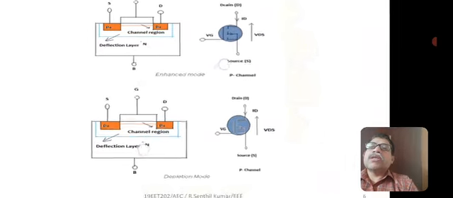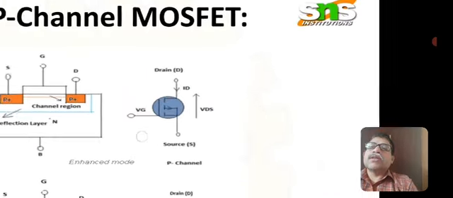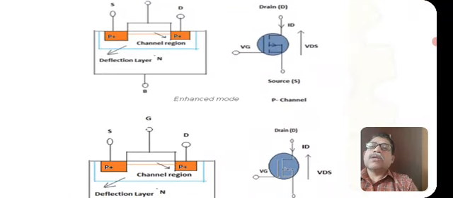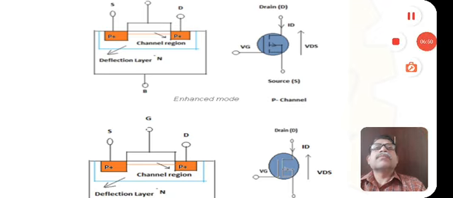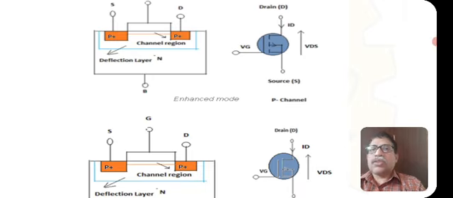The substrate here is N, whereas the channel is formed in terms of holes, which is a P-type layer. Hope you understand the structure of both N and P channel MOSFET, and let me see the operation in the next video. Thank you for patient listening.